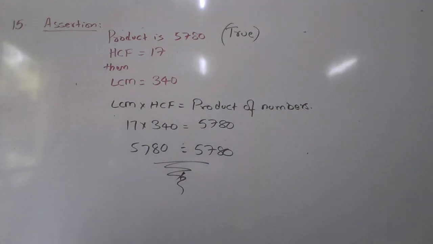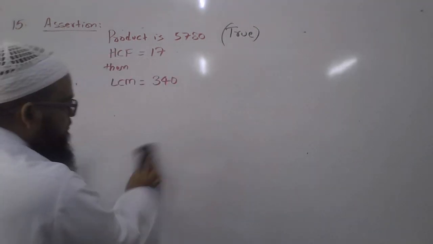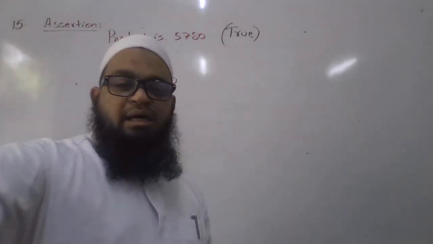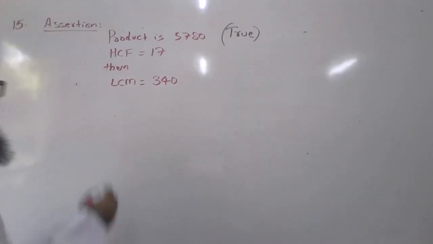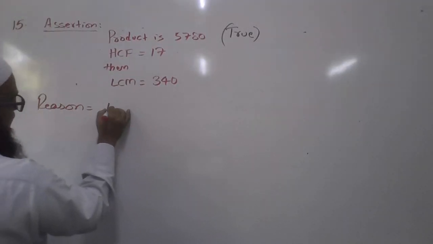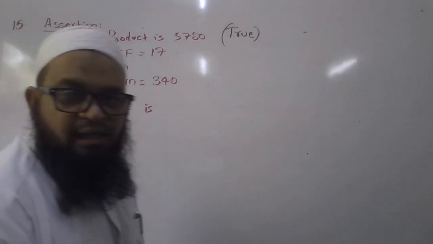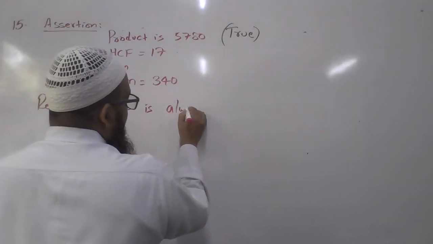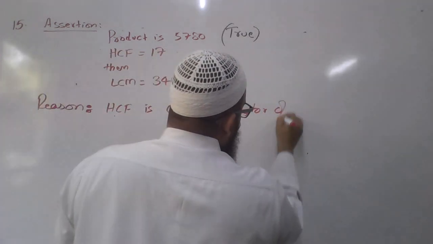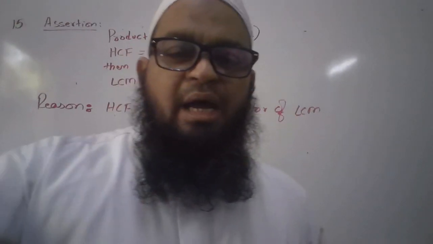Got it, my dear students? Now let us see the reasoning part. What is the reasoning part he has given? The reasoning part is: HCF is always a factor of LCM.